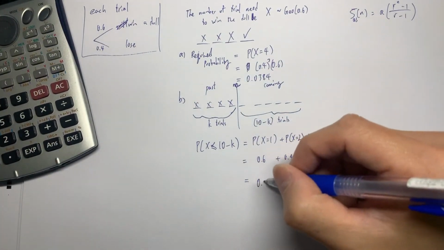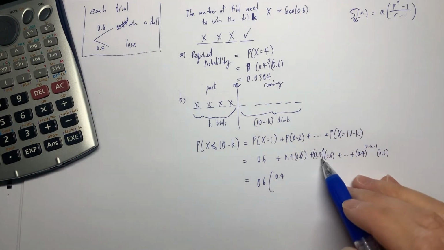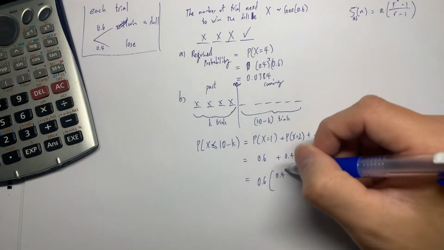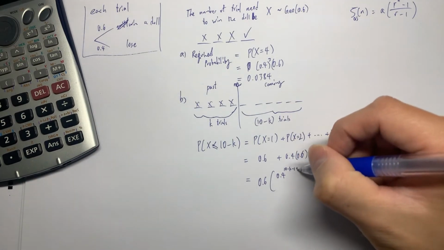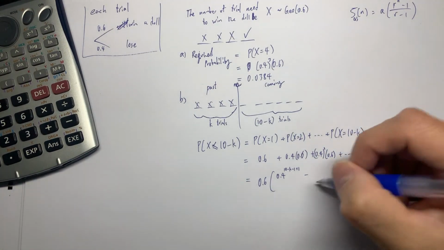So this is a = 0.6 and r is 0.4. Every term we have times 0.4 again. Power of (10 − k − 1) + 1, and then this is minus 1.